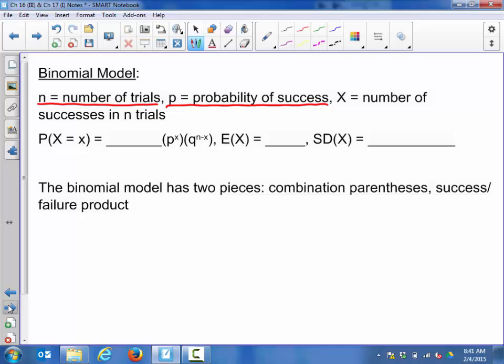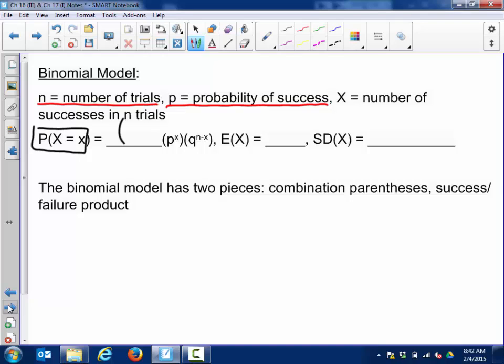Well, the binomial model is broken into 2 chunks. If X is the number of successes in n trials, the probability that your random variable capital X equals some number of successes, lowercase x, is equal to, this is called n choose x. That's a combinatorics piece right there.